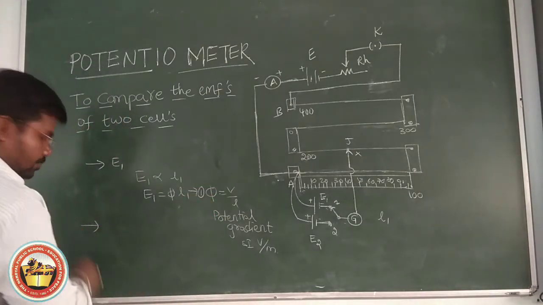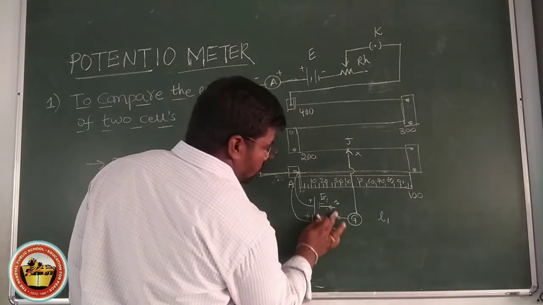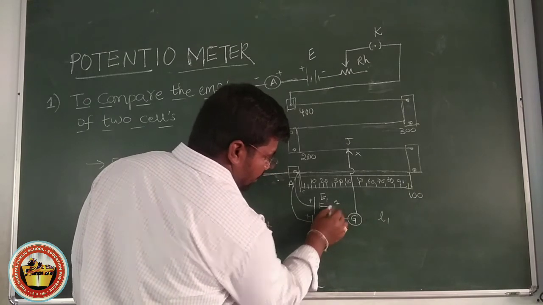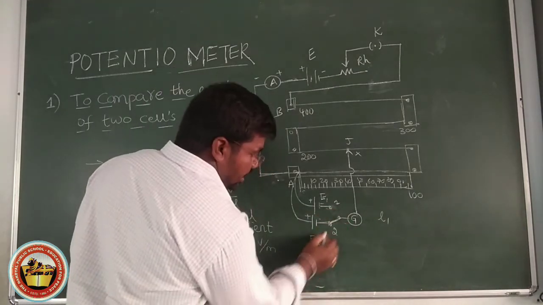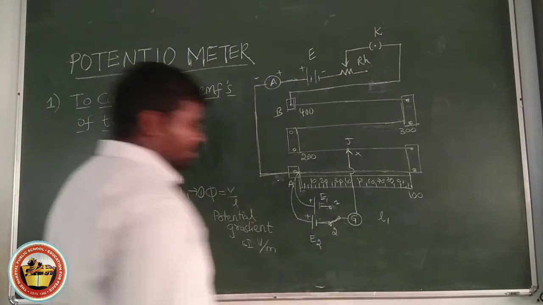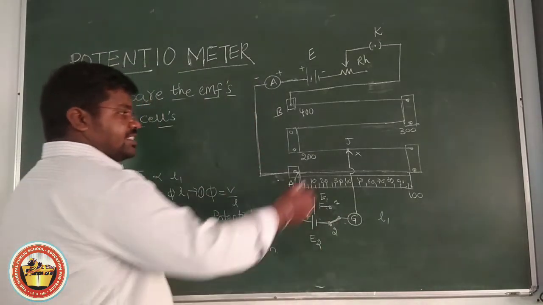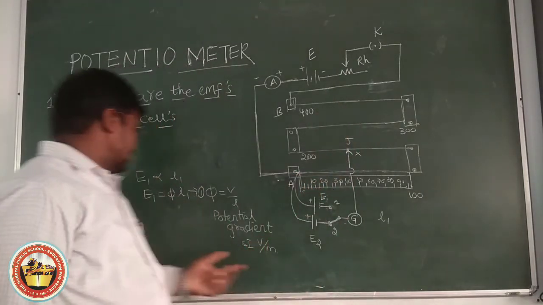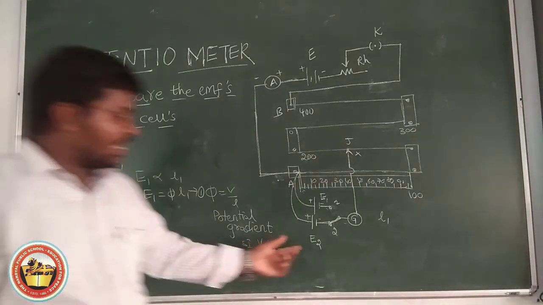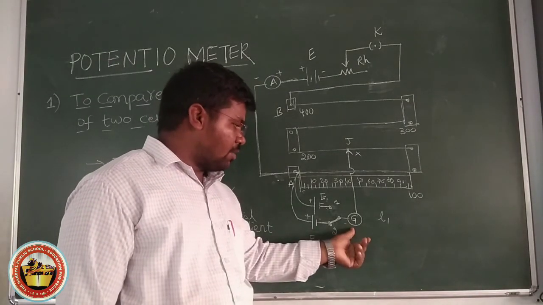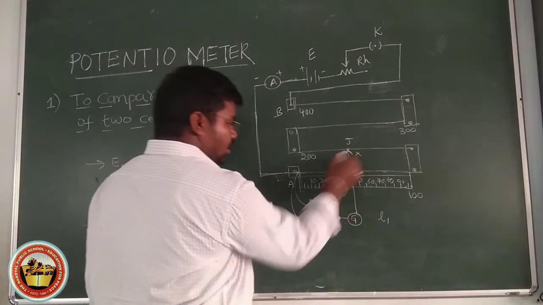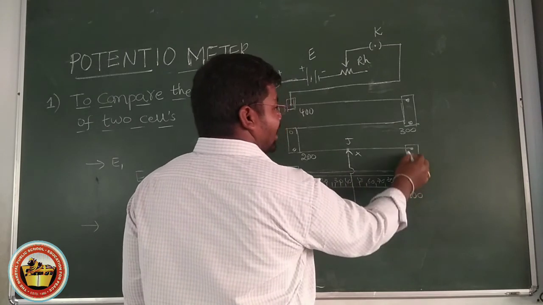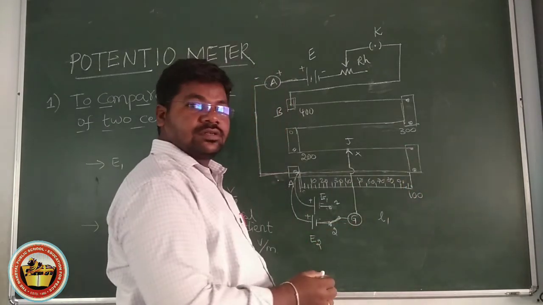Next, by connecting the second EMF with the galvanometer, be careful. By connecting the E2 cell with the galvanometer and adjusting the jockey from 0 to 400, with the help of the jockey we slide on the wire until we get the null deflection.